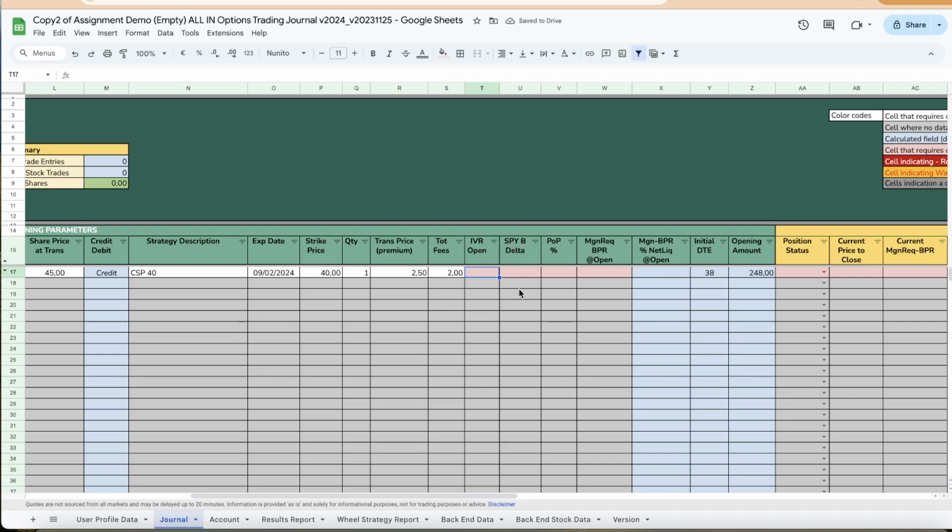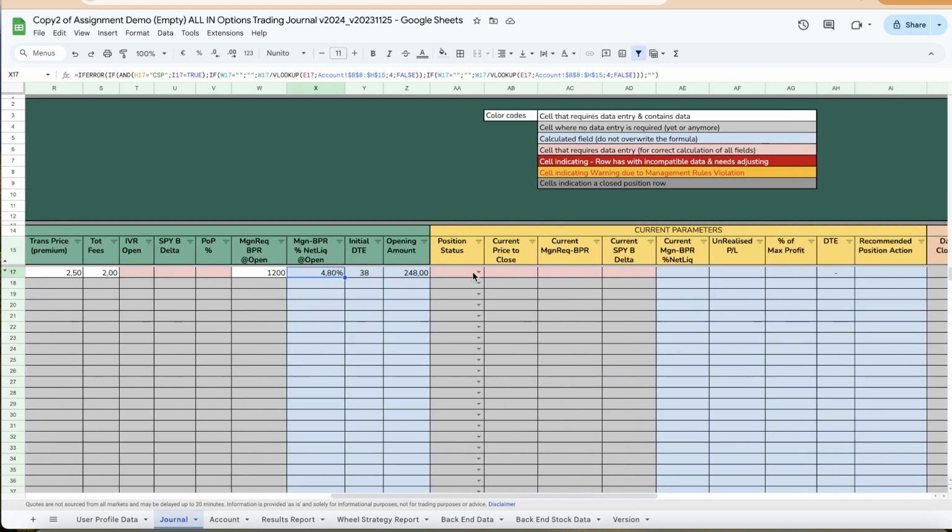IVR and SPY beta delta don't really matter this much in this demonstration, but let's say that the margin requirement, or the buying power requirement, for opening this position was $1,200, and my position is still open at the opening, of course, so I need to complete these fields.